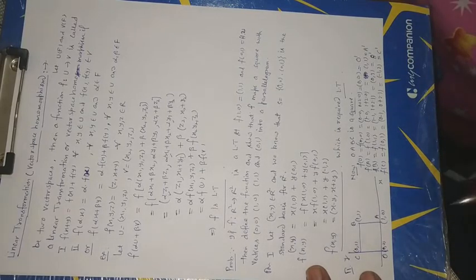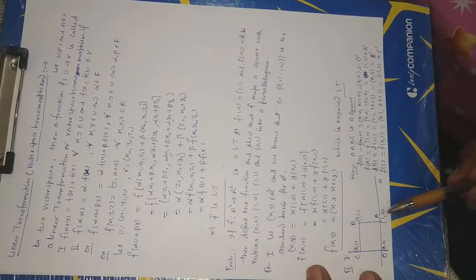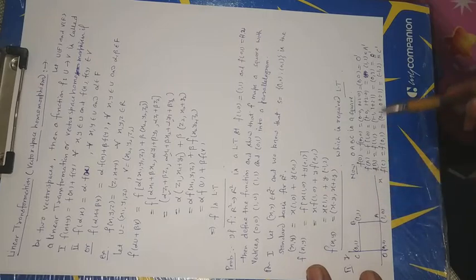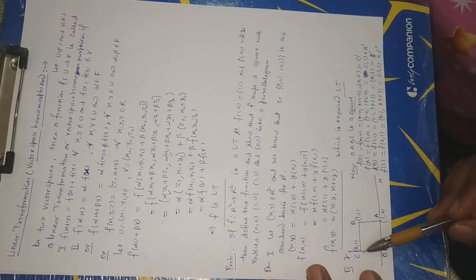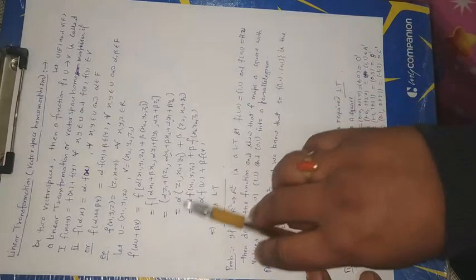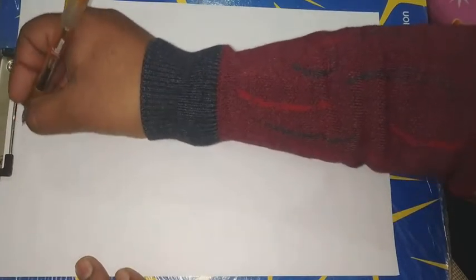Now after transformation, the point O converts into O dash, point A of the square converts into A dash, point B converts into B dash, and point C converts into C dash, where O dash, A dash, B dash, C dash are the vertices of a parallelogram. Now we construct a parallelogram.